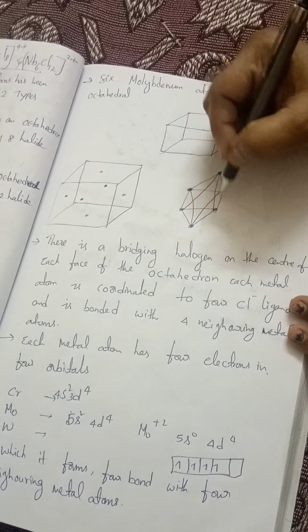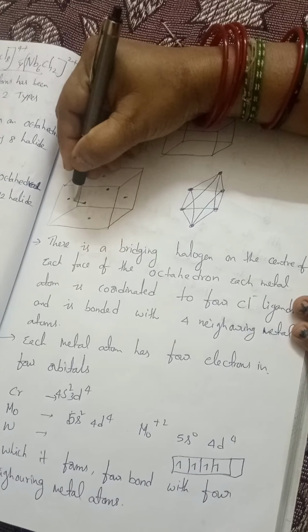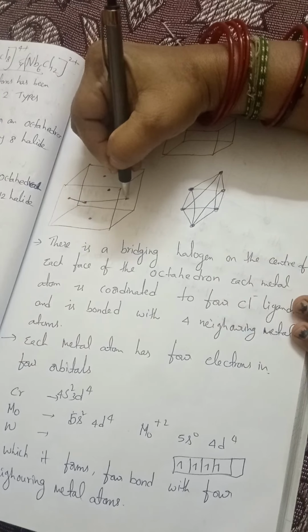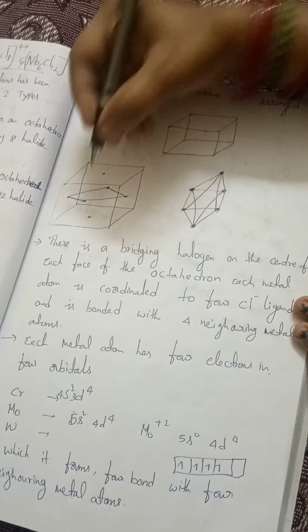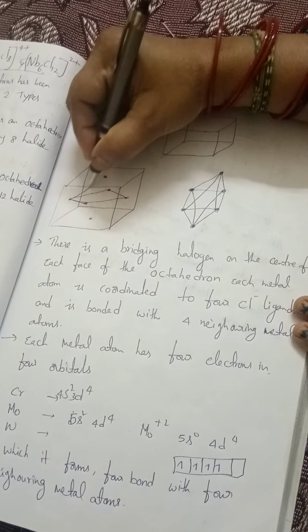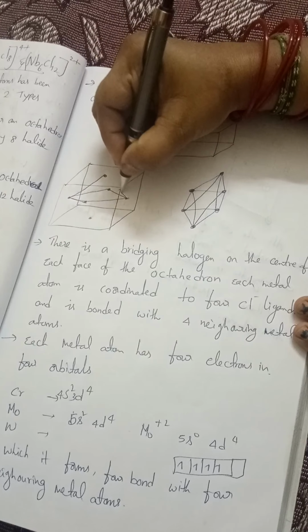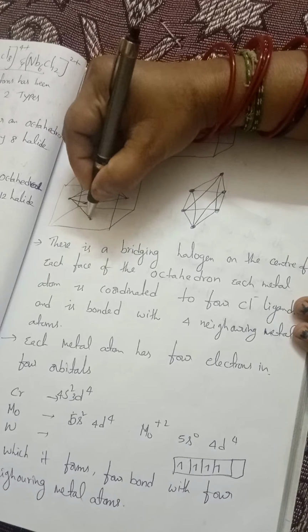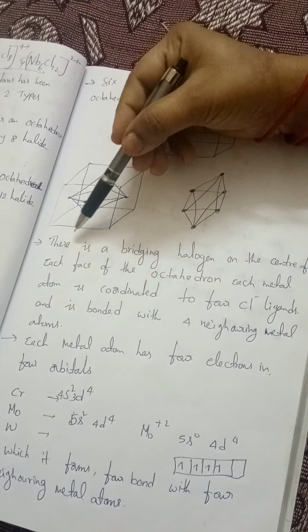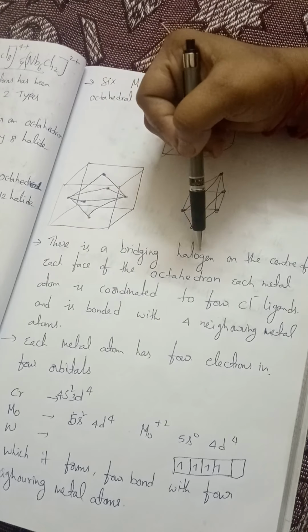One is the top corner, one is the bottom corner. There is a bridging halogen on the center of each face of the octahedron.